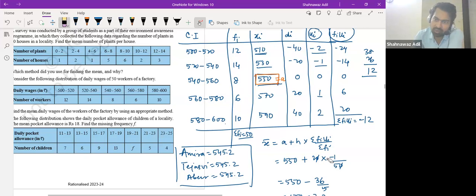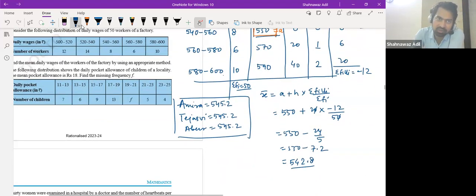Then this would be 12, so this is 24 by 5. Then this would be 4.8. Then 550 minus... 545.2.